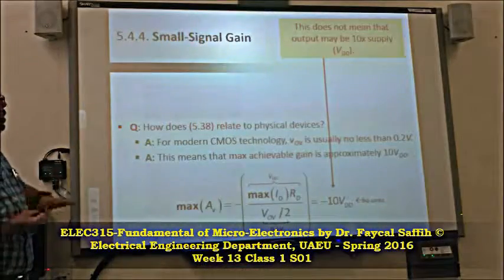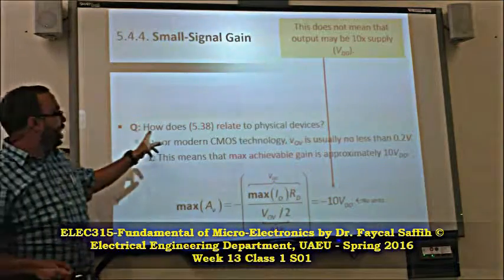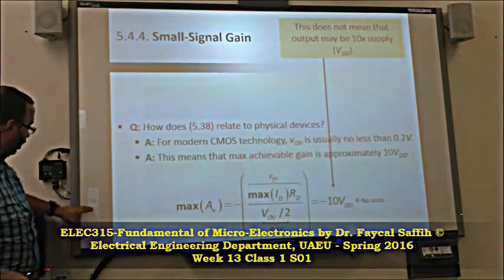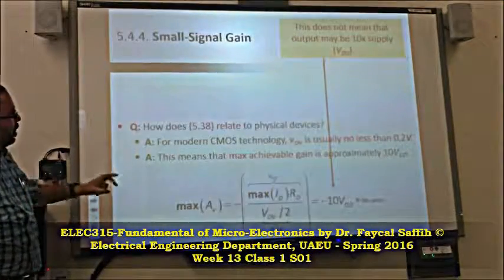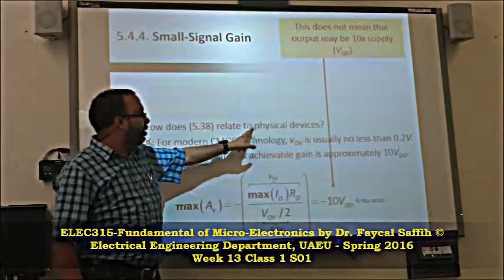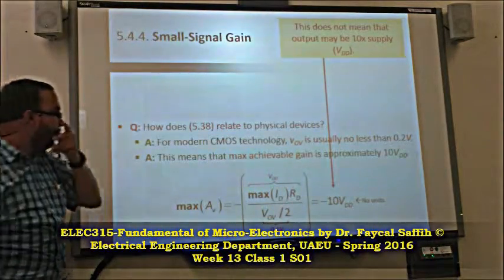Okay, good. Let's see how this equation, the last equation we studied here, relates to physical devices.